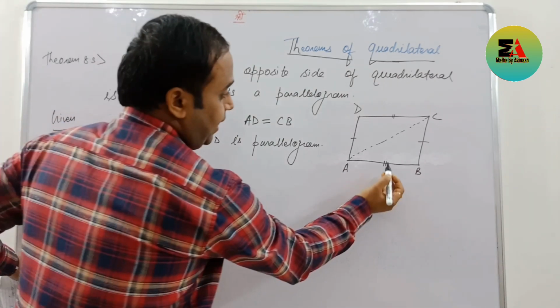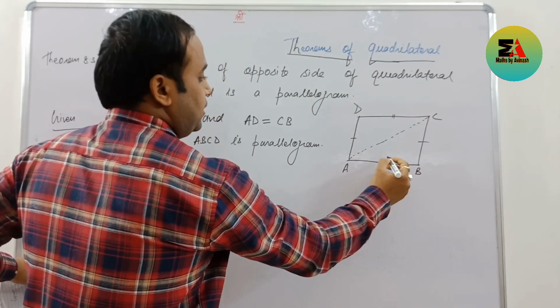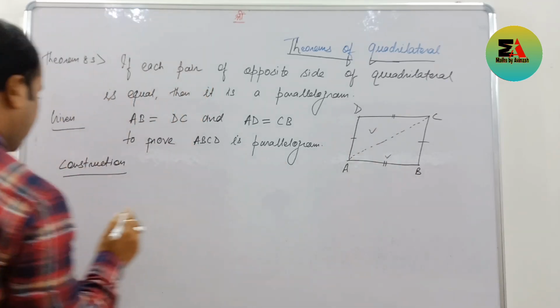Then we have to take triangle ABC and triangle ADC.